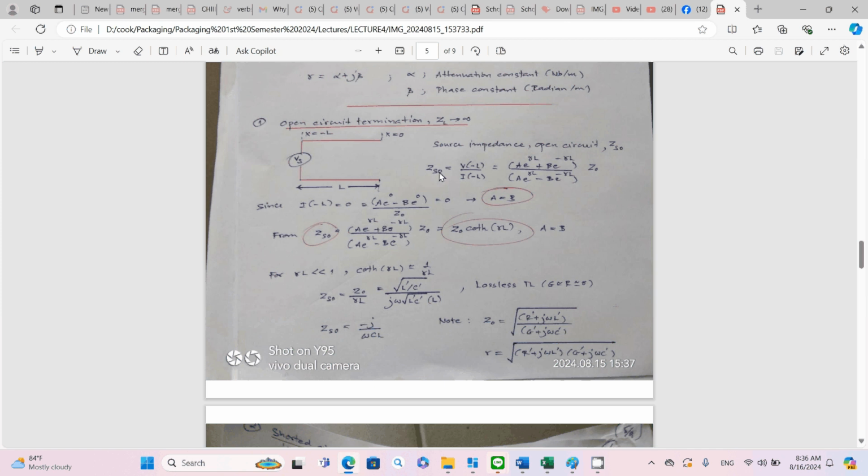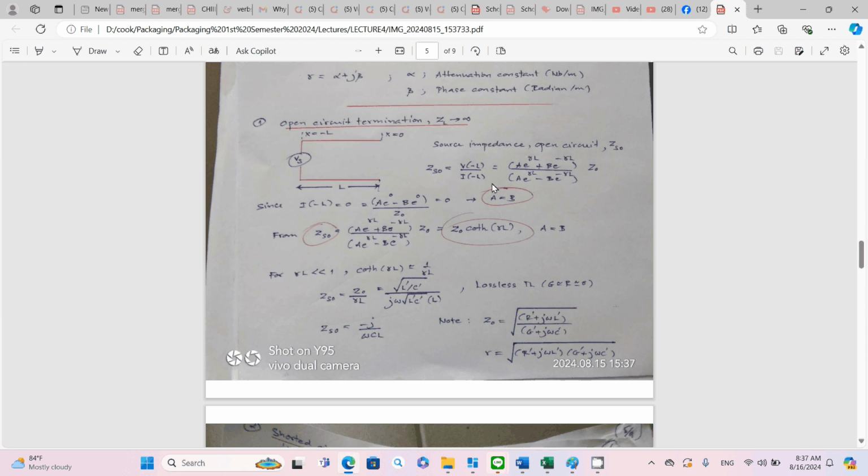For the source impedance of the open circuit, put this as Z0. That's equal to the input impedance. So that's equal to V over I according to Ohm's law, at x equal to negative L.